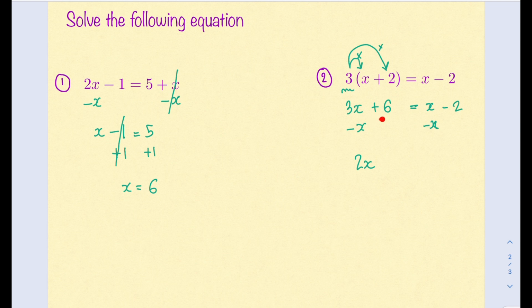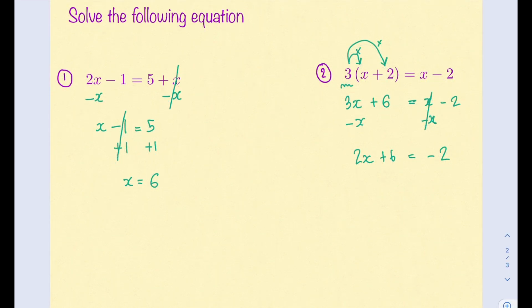The plus 6 and the equal sign will move down. And the x minus x is 0, so cross it out. And I have negative 2, and this will need to move down. We now have 2x plus 6 equals negative 2.